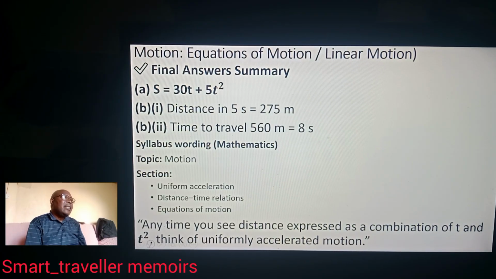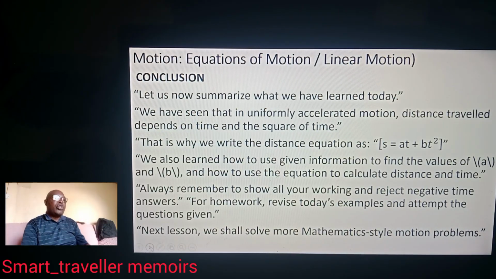Syllabus wording in mathematics: the topic is motion. Section is uniform acceleration. Distance-time relations, equations of motion. Anytime you see distance expressed as a combination of t and t², think of uniformly accelerated motion.